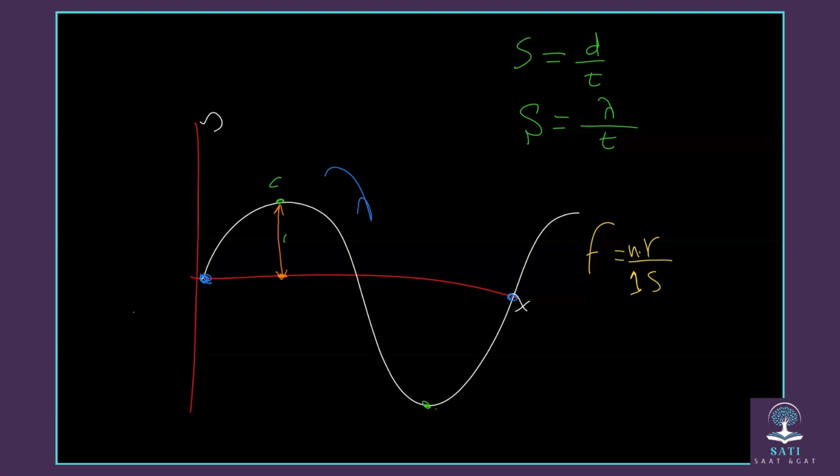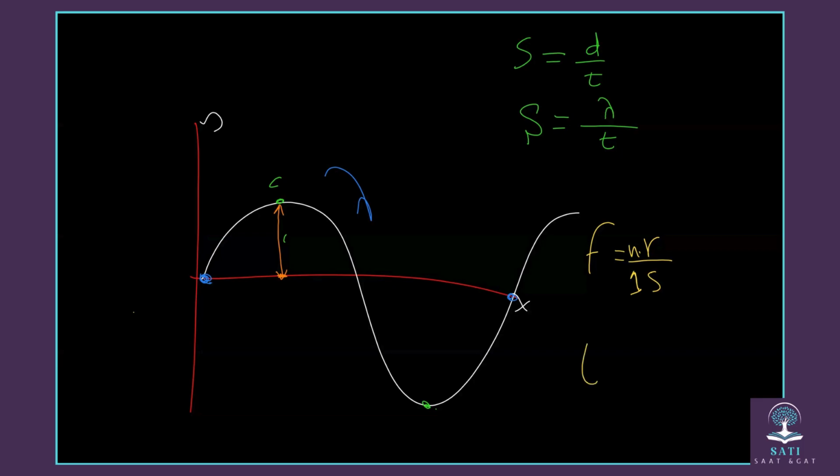Frequency exists in many types of waves. Even light waves have frequency, and each color, red, blue, white, yellow, has a specific frequency. And frequency means how many wavelengths, how many rotations the wave can make per 1 second.